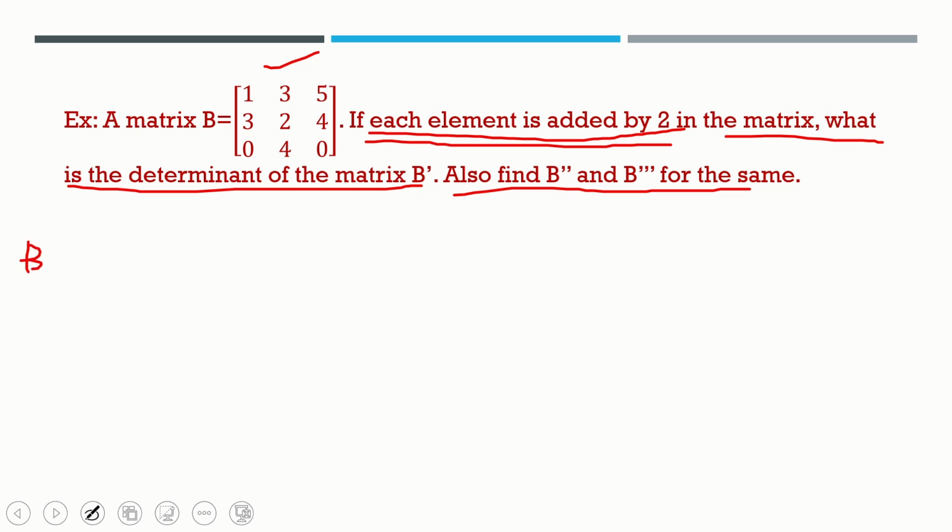So B dash will be what? I'm going to do it step by step. Basically it's saying add all the elements by 2.